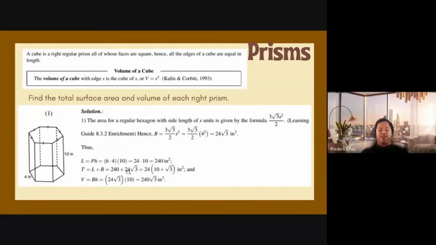So we have 24 times square root of 3 added to 240, so we can write it as 24 times the quantity 10 plus square root of 3 square inches. For the volume, we have the area of the base, which is 24 square root of 3, times the height. So we have 240 square root of 3 cubic inches.